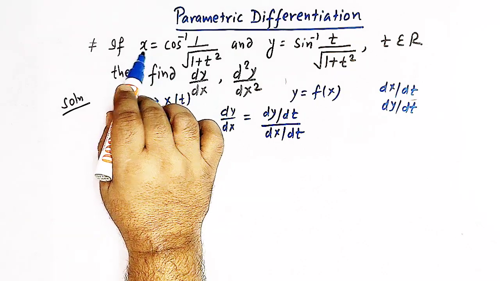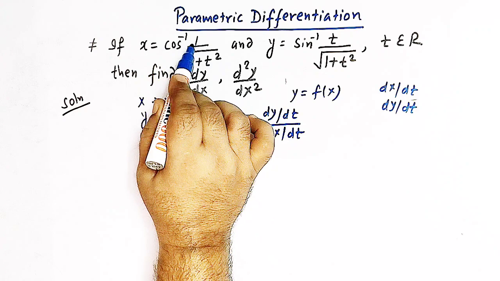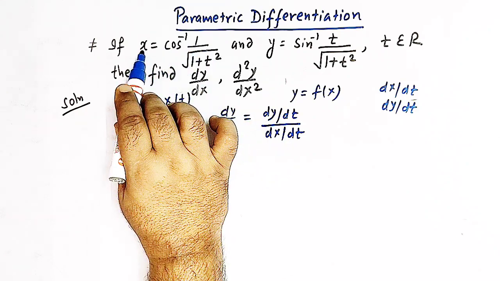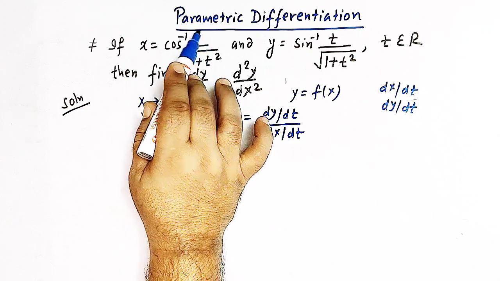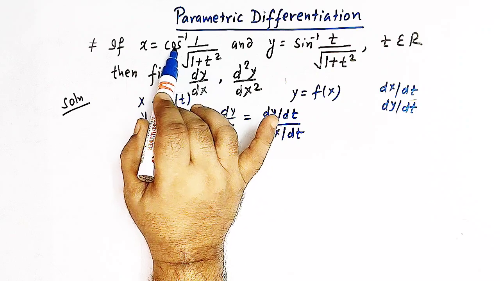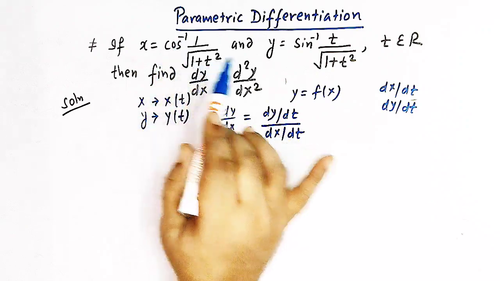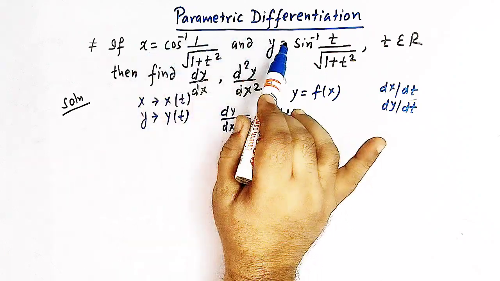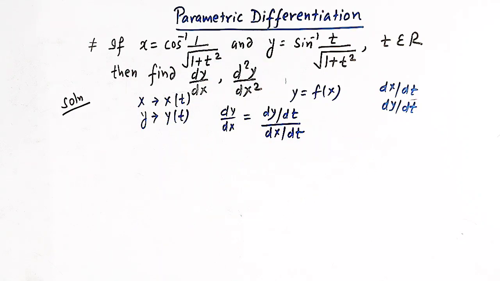Here x is equal to cos inverse 1 over square root of 1 plus t square, so we have to find dx over dt. Now we have a function of cosine inverse, so let us first simplify x and y by the method of substitution, or by introducing another parameter.